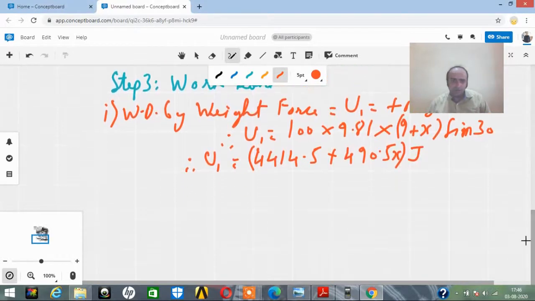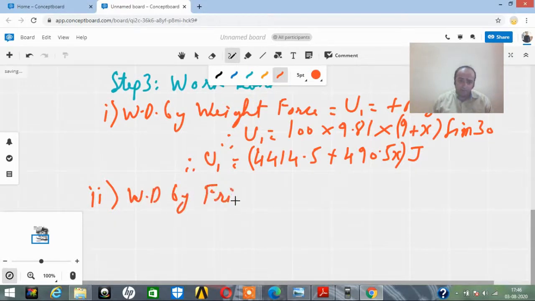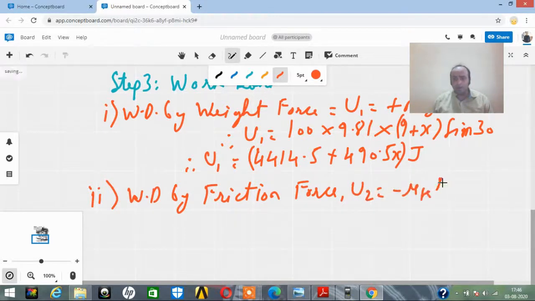Now, work done by friction force. Second, work done by friction force. So here U2 is equal to minus mu k into N into s.